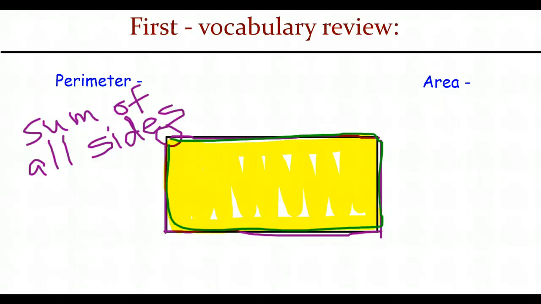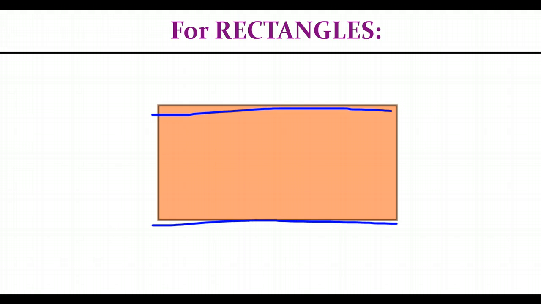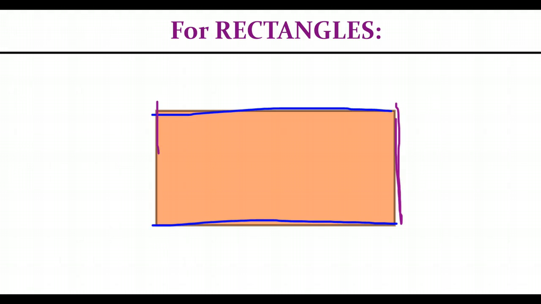So now let's look at those two things specific to a rectangle where we talk about length and width and those sorts of properties of the rectangle. So first, every rectangle has two sides that are parallel, which will be in blue, and another two sides that are parallel, which will be in purple. Now, these two parallel sides that are blue happen to be longer than the purple ones.